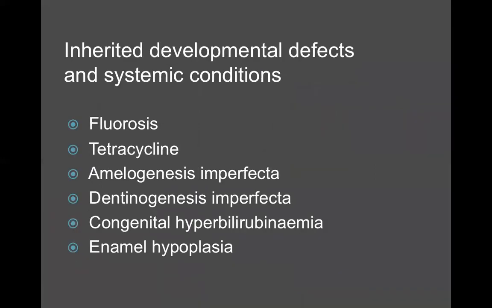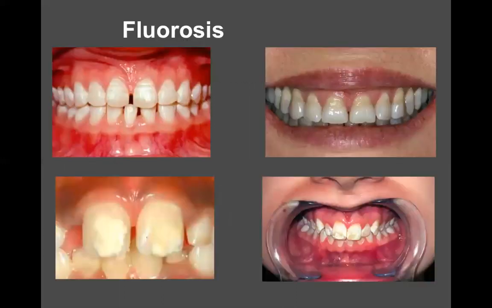The inherited developmental defects and systemic conditions which cause discoloration are fluorosis, tetracycline, amelogenesis imperfecta, dentinogenesis imperfecta, congenital hypobilirubinemia, enamel hypoplasia.